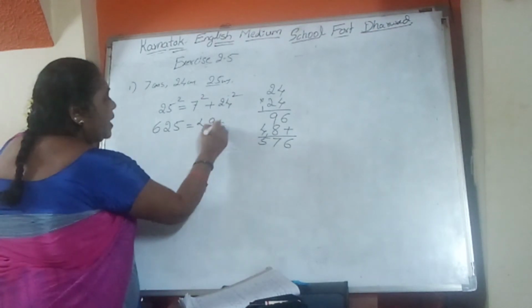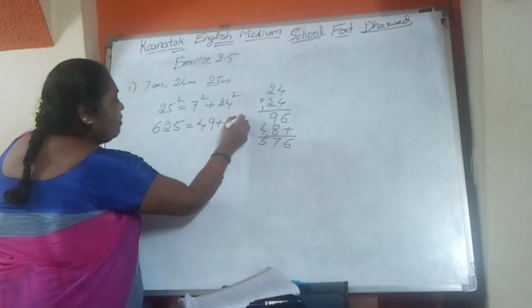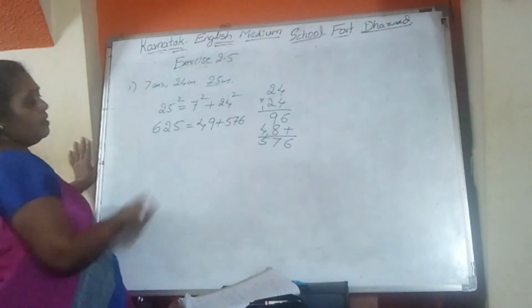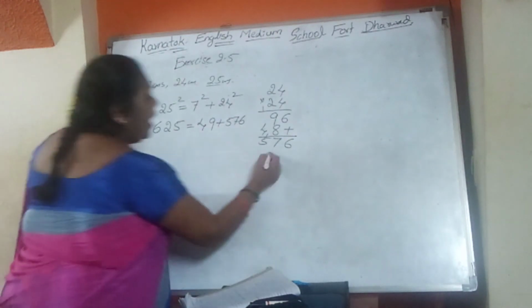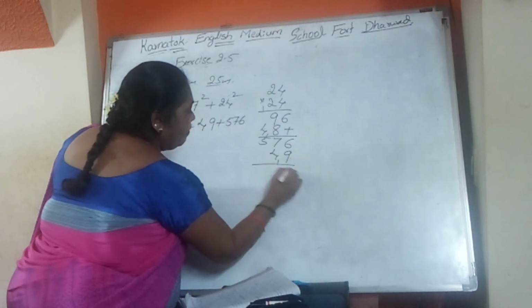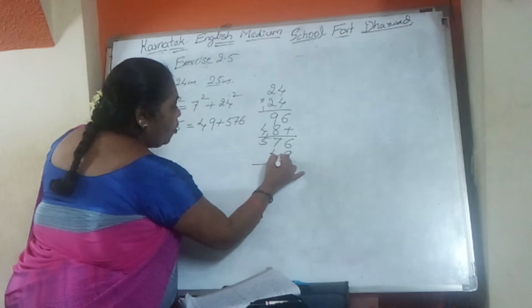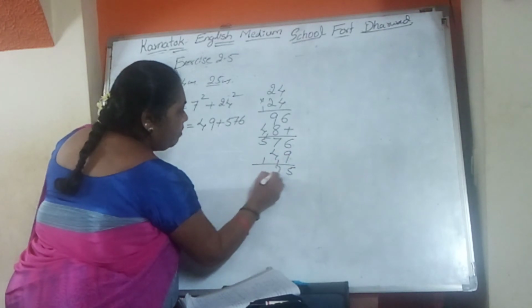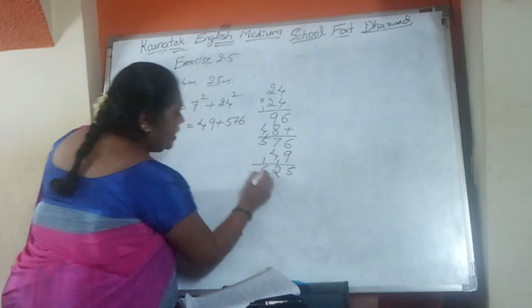So 576. Now you add 49 here. 9 plus 6, 15. 7 plus 4, 11. 11 plus 1, 12. 5 plus 1 is 6.